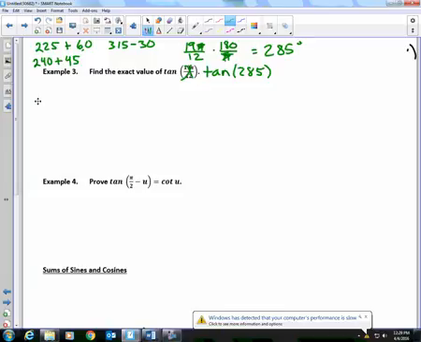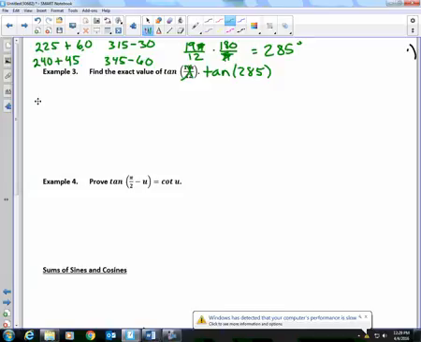The only trouble is we don't know the exact value of tangent there. Also 345 minus 60. There's lots of options to choose from, so you have to be able to come up with one.